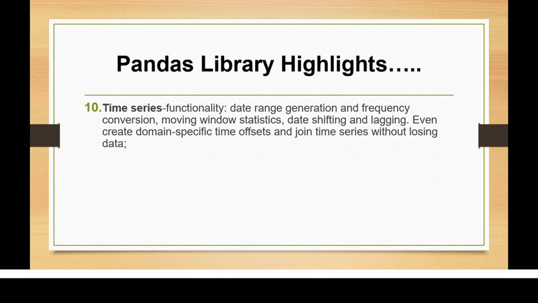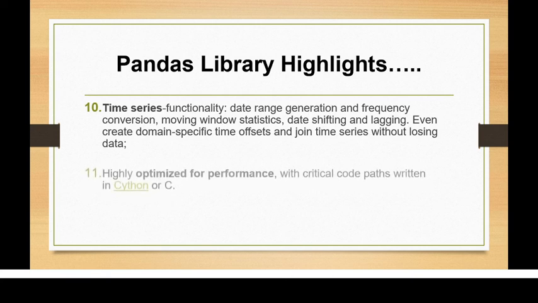Number 10, time series functionality, highly recommended in Pandas, includes date range generation and frequency conversion, moving window statistics, data shifting and lagging, and even creating domain specific time offsets and joining time series without losing data.